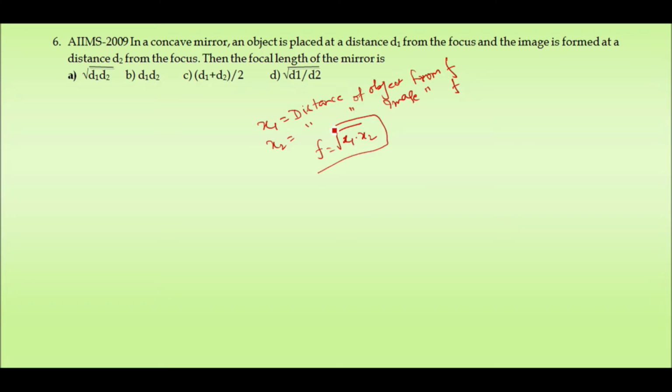Then f is equal to square root of x1 x2. So if we apply this formula here, then clearly option A is correct, that is the focal length of mirror is square root of d1 into d2.